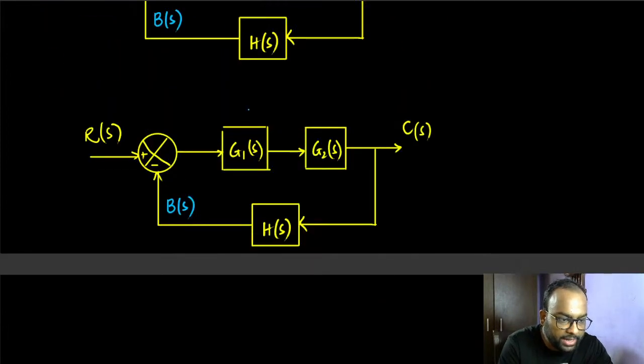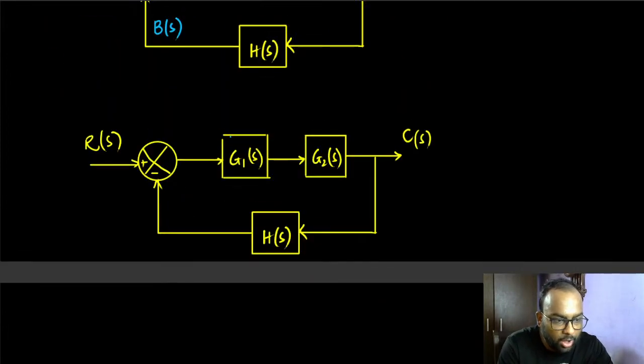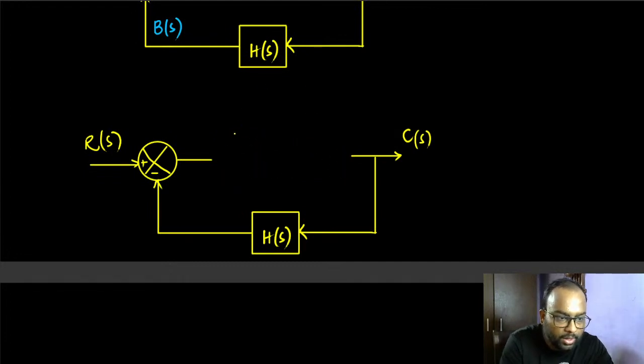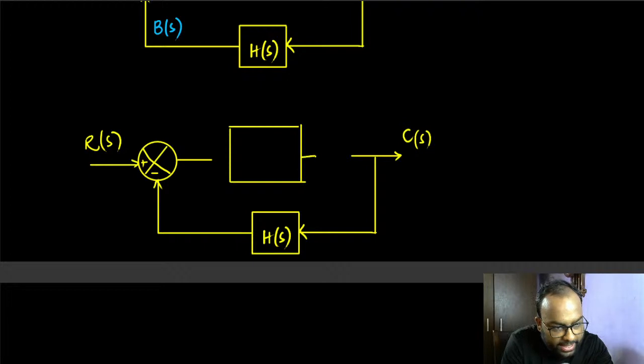These two are in cascade, so obviously we can convert them into one single equivalent block. Again, if you have any query, any confusion, feel free to ask. Keep on asking questions. So this is going to be G1(s) times G2(s). Again, we can get rid of the s.